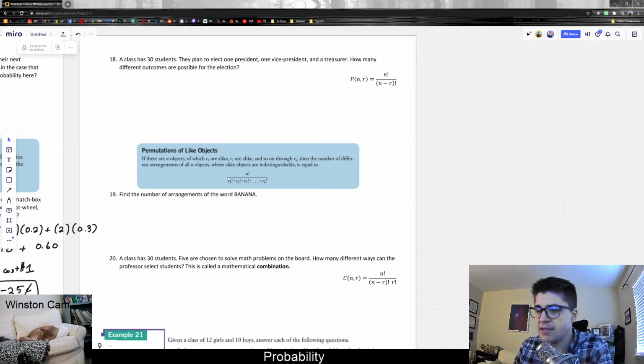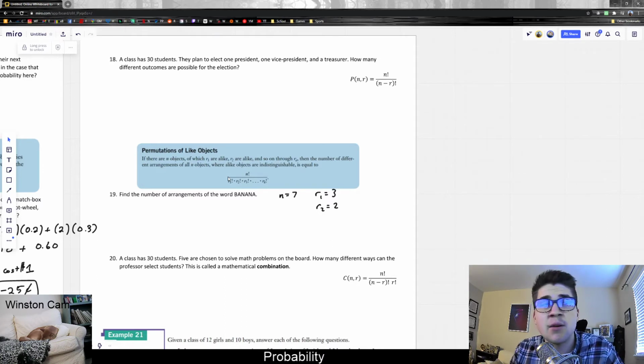So let's just apply this formula here. So here, n is going to be 7 because banana has 7 letters in it. And then R1, essentially we want to look for all our duplication. Letter A, there were 3 letter A's. So R1 would be 3 and R2 would be 2 for N, which was duplicated twice.